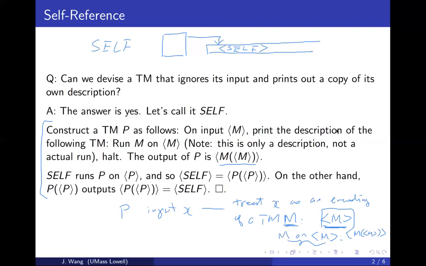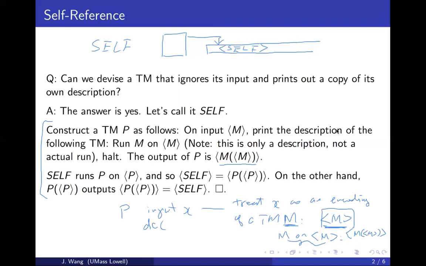All right, so once again, let's just look at P again. P on input X: if you think of it, you have a decoding, which is called DC. You can think of DC as a decoding.